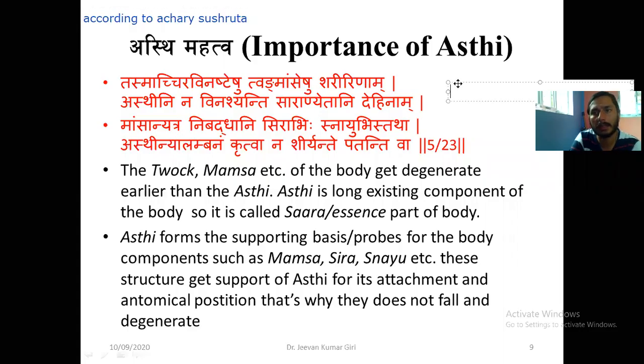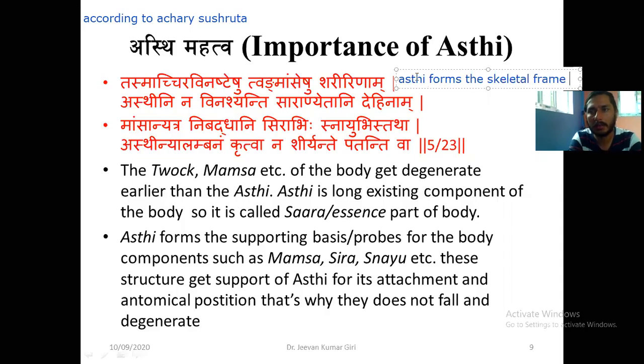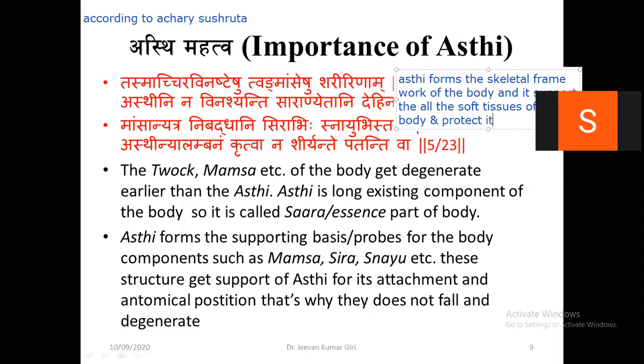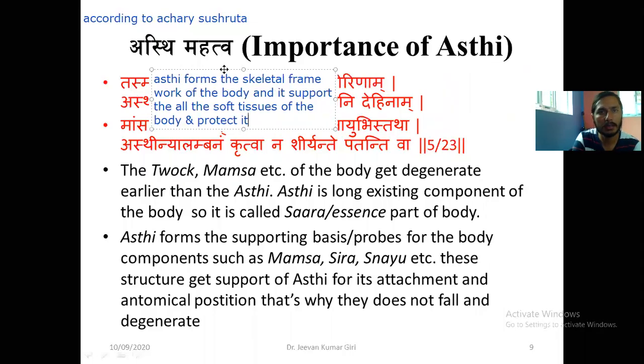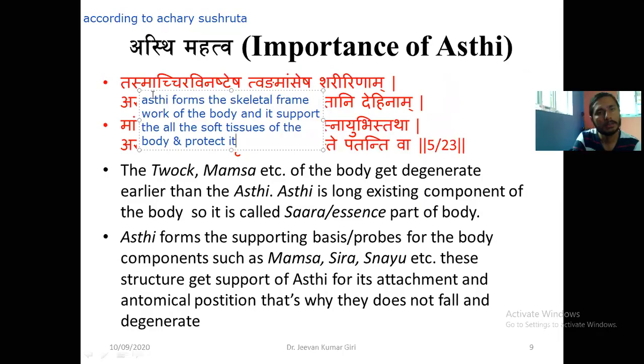So that is the main theme of all the three slokas. The asthi forms the skeletal framework of the body, and supports all the soft tissues of the body and protects them. So the skeletal framework is maintained, and they make your body stand erect, and it also supports the muscles.